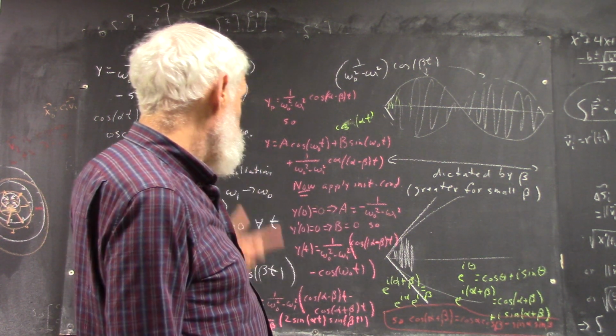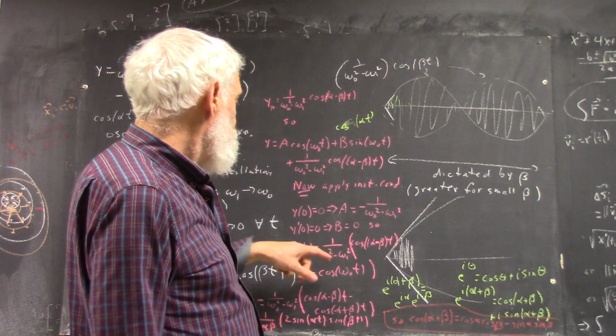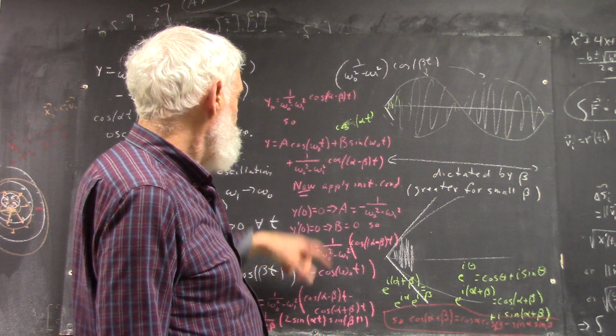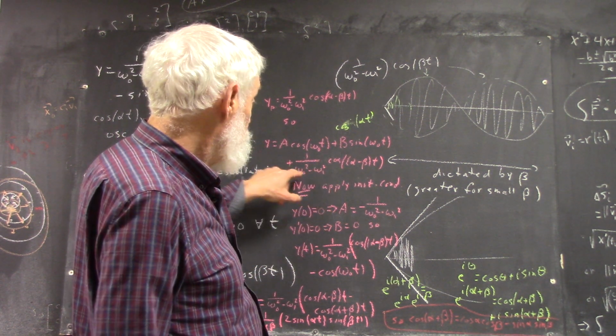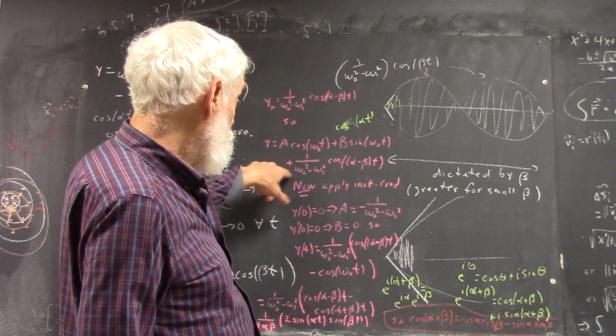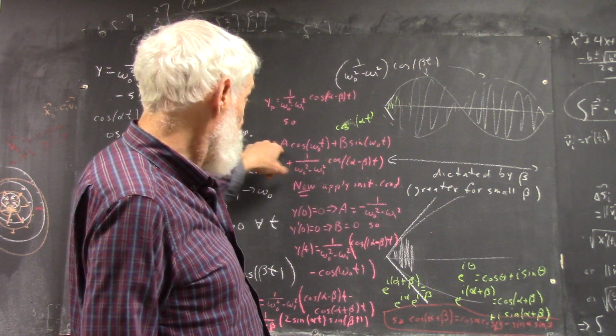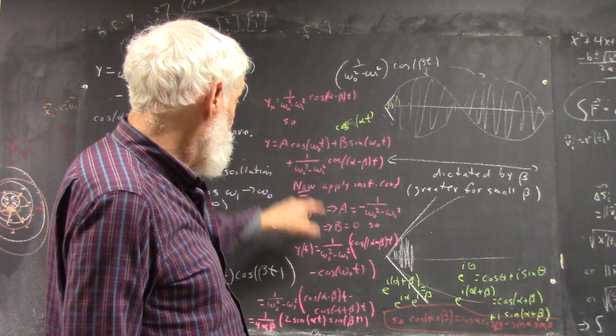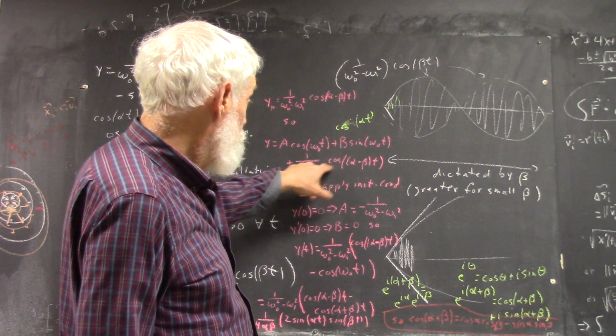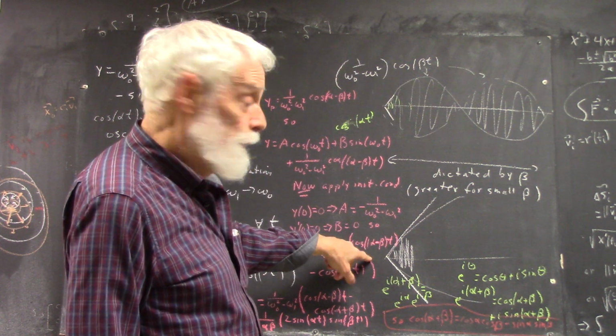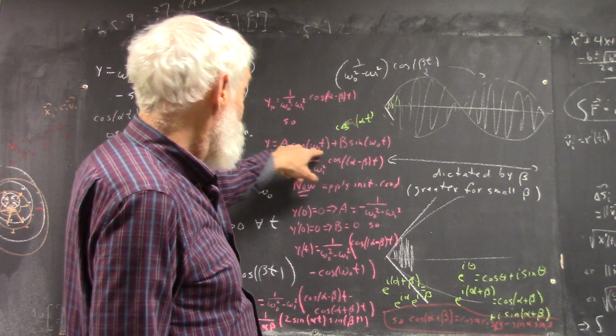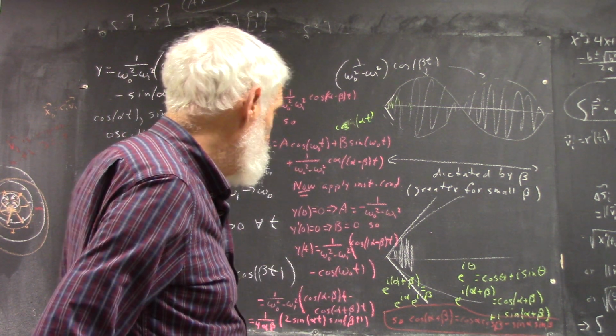So our solution then will become, well, both this term and this term will have a coefficient of 1 over omega naught squared minus omega 1 squared, except this will be negative. So we're going to factor that out, and we're going to have this cosine, which we already had, but then we're going to have minus this cosine. Okay?